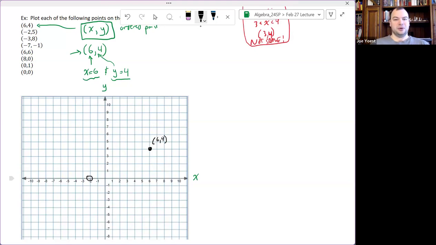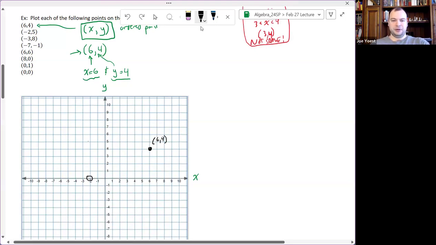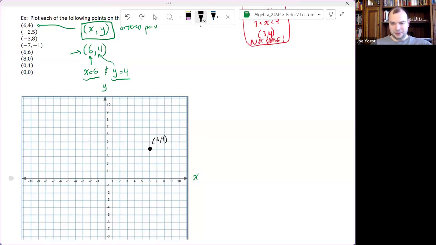And then my y coordinate is +5. So I would go up to +5 from there. And again, I'll just erase this so I don't have extraneous stuff floating around. So this is the point with x coordinate -2, y coordinate +5.